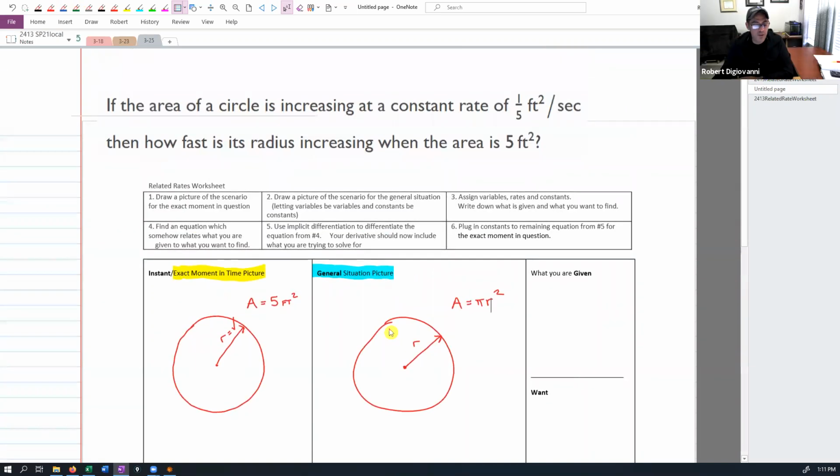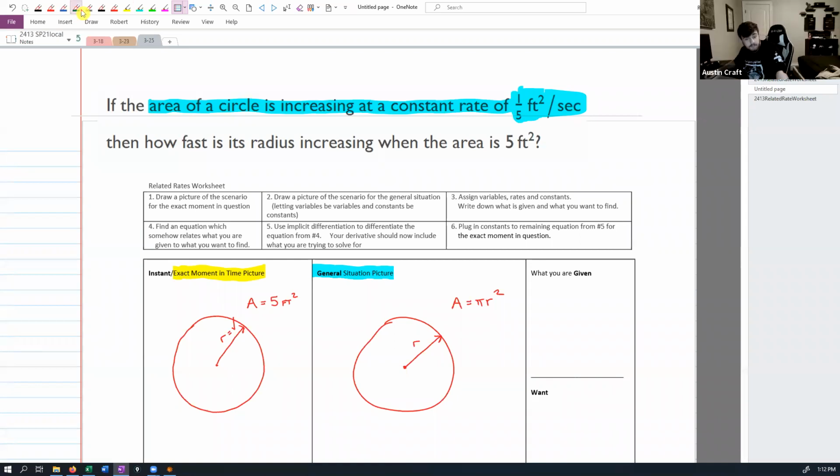Okay, now what are we given? I said to look for certain words when we're looking at this. We want to be looking for derivatives or speeds of things, rates of change. So it says the area of a circle is increasing at a constant rate of 1/5 square feet per second. Do you all agree that that is a rate, that is a speed, that is a derivative? It's the rate at which what is changing?